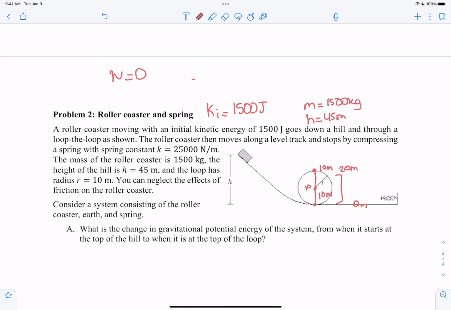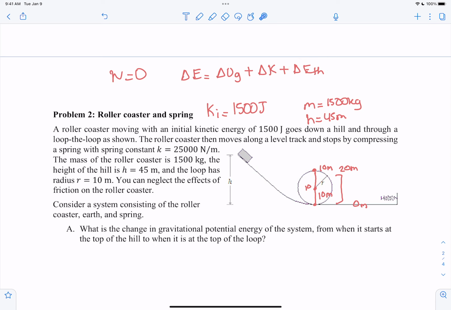we know that the change in energy is equal to the sum of all the energies we have in question. So we have some change in gravitational potential energy, some change in kinetic energy, and then thermal energy due to friction. Theoretically, if there was friction, that would contribute to the change in energy overall.